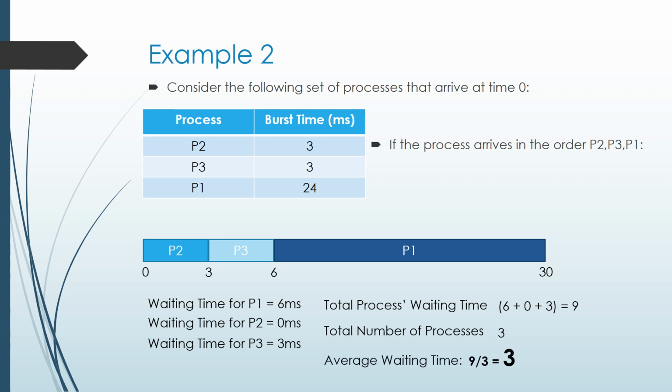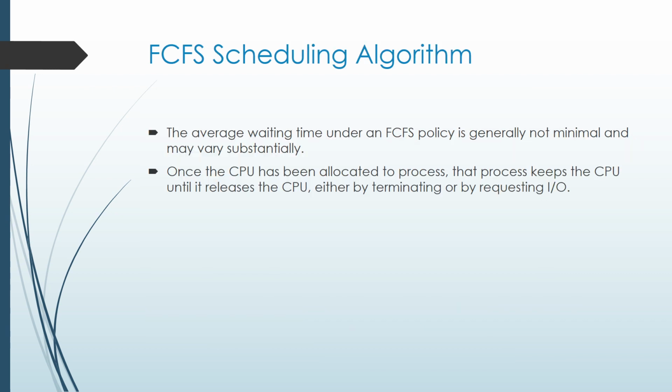So 9 divided by 3, we get 3 milliseconds. With that, we can say that the average waiting time under the FCFS policy is generally not minimal and may vary substantially. It depends on the order in which the processes arrive.